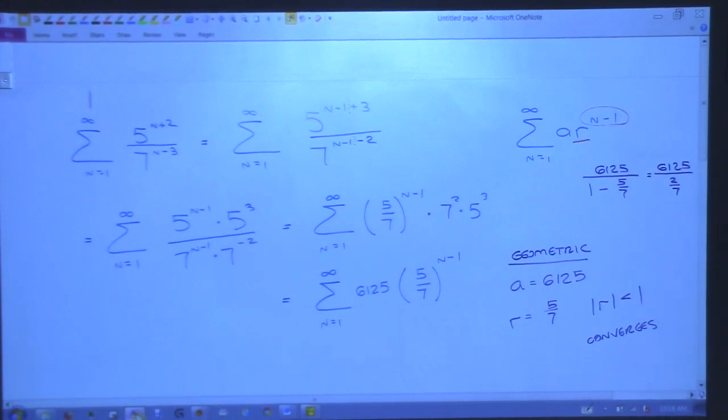Flip it, all right? So flip this. When you flip, the 7 goes up on top, and the 2 just stays on the bottom, right? And I'm going to leave it as a fraction. I'm not going to do a decimal on my calculator. So what is, if someone could do that, this times 7. 42875 over 2, right? That's it.